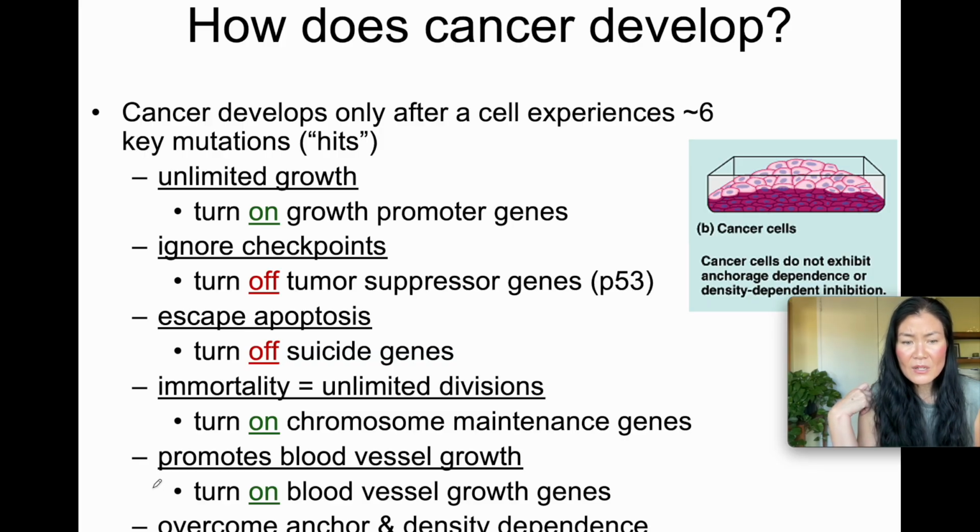Most cells will stop dividing when it gets too crowded, but cancer cells don't take that into consideration. They will divide and produce tumors no matter how densely packed it is with cells. And they do not have to be growing on other cells or tissue; they don't have to be anchored to reproduce.